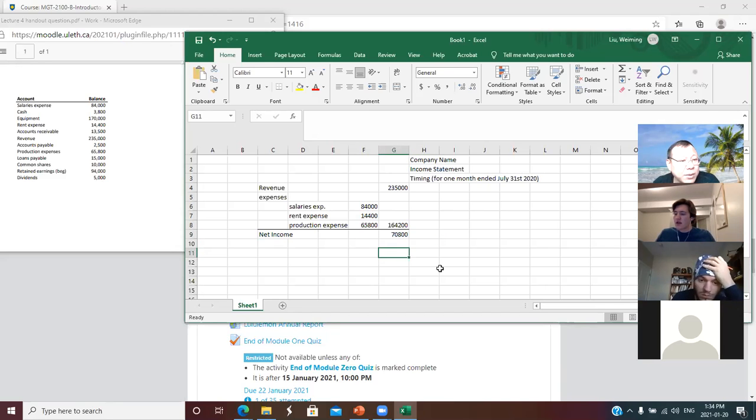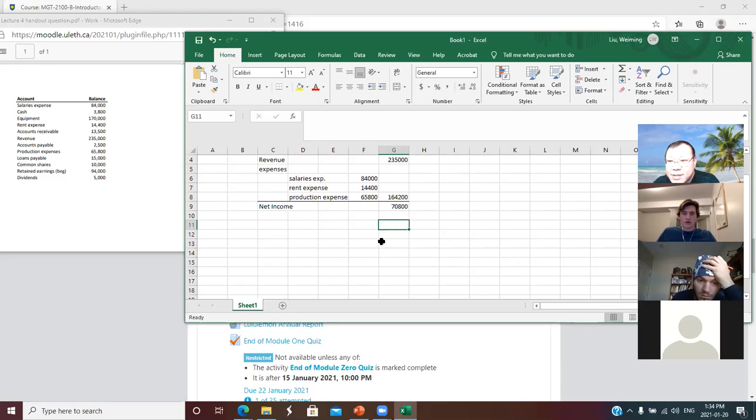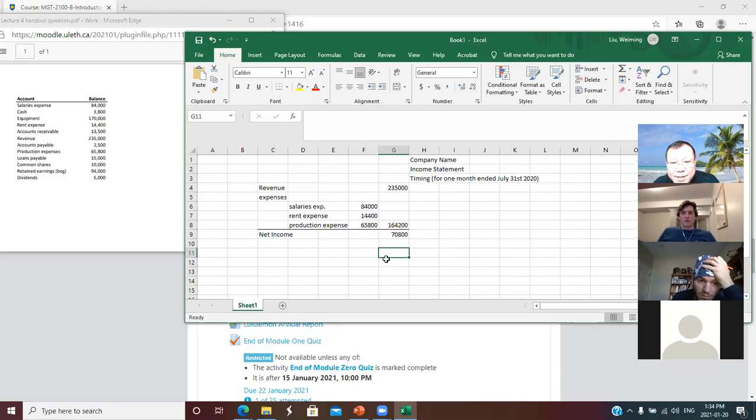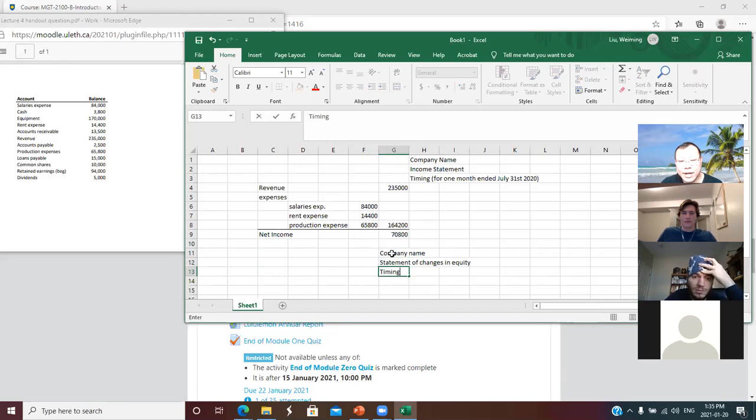So what would be your next? What's the second statement? The second statement is the statement of changes in equity. Company name, statement of changes in equity, right? Again, the timing would be the same, maybe for 1 month ended July 31st, 2020.